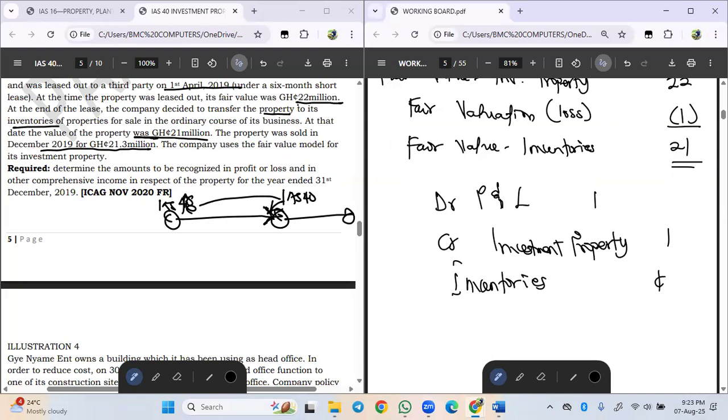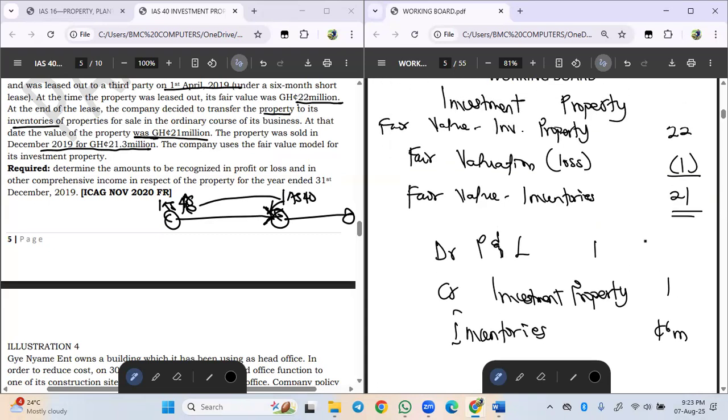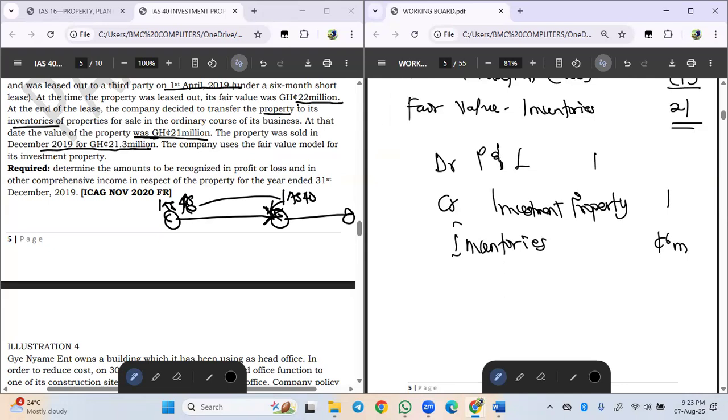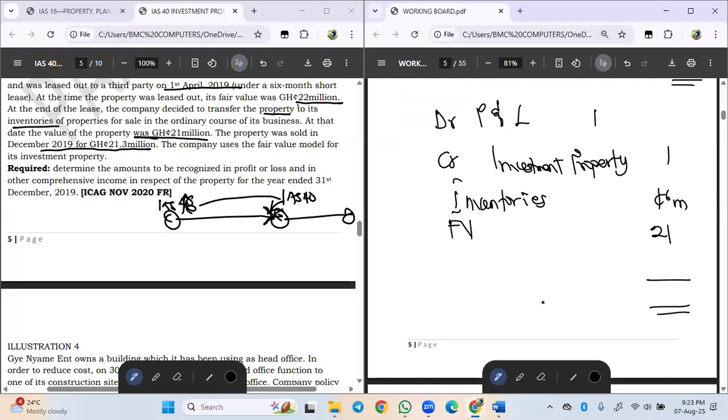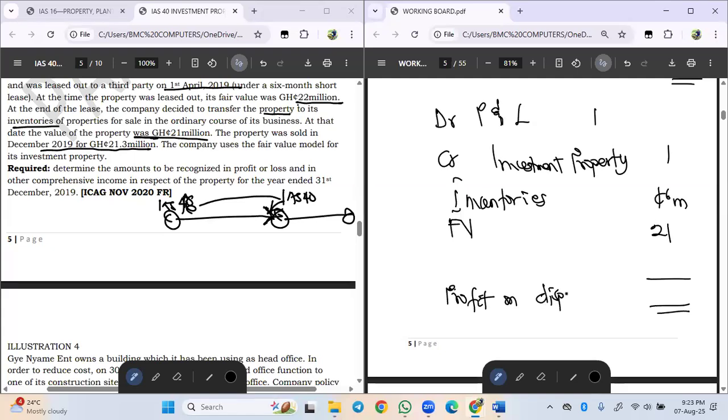Let's look at when it was changed to inventories. What will be the starting point for inventory? 21 million. So the fair value was 21 million, and they said they sold it for 21.3.